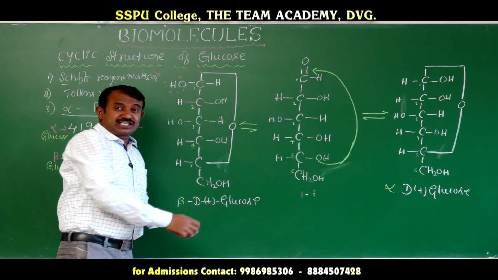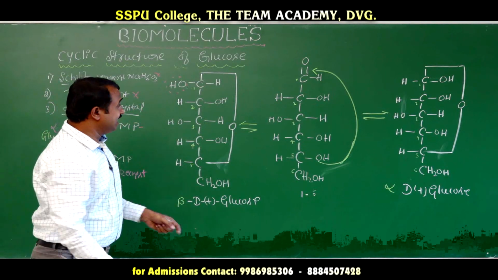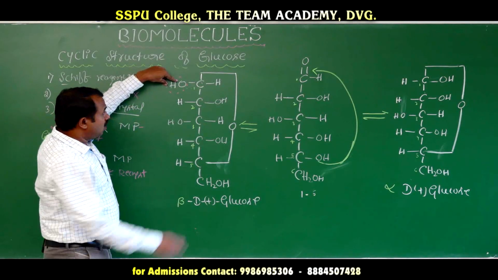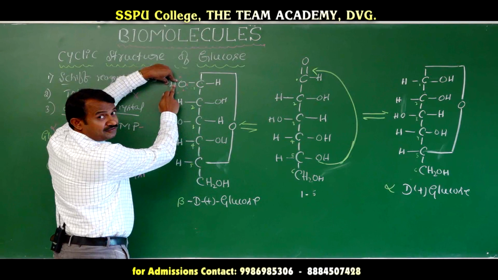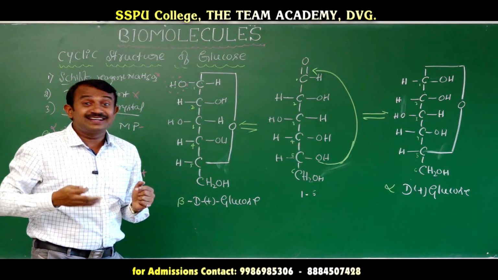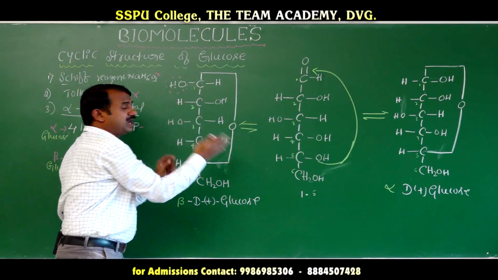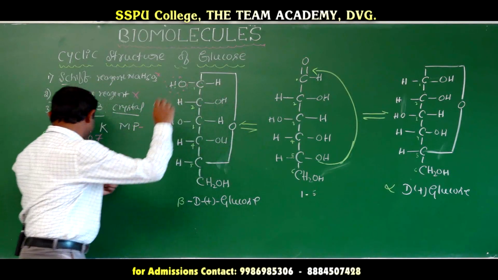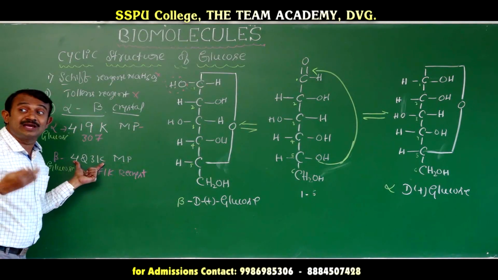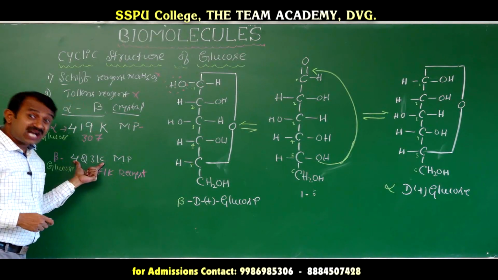Listen carefully about stability. When the hydroxy groups are opposite, left and right, stability increases. Beta is more stable compared to alpha glucose.